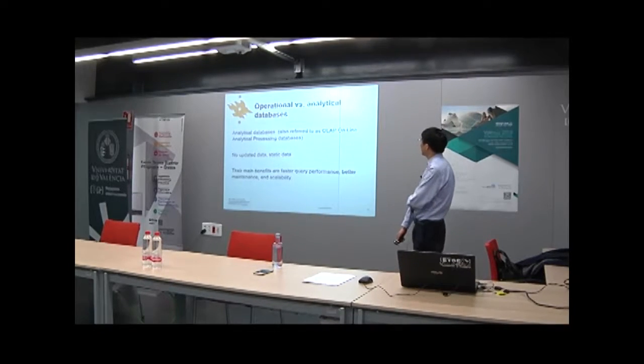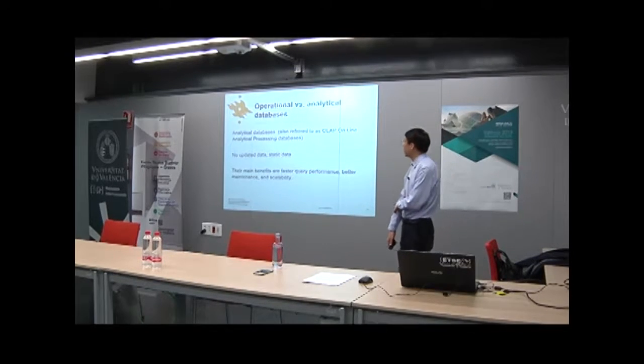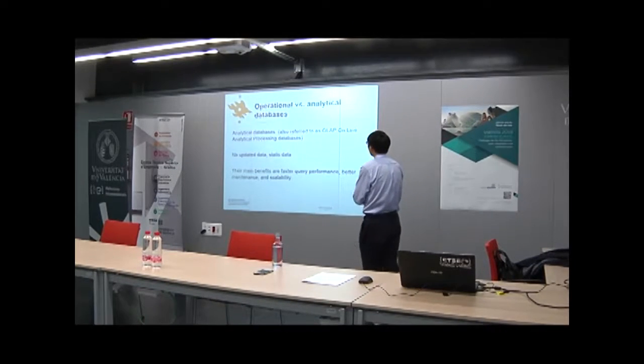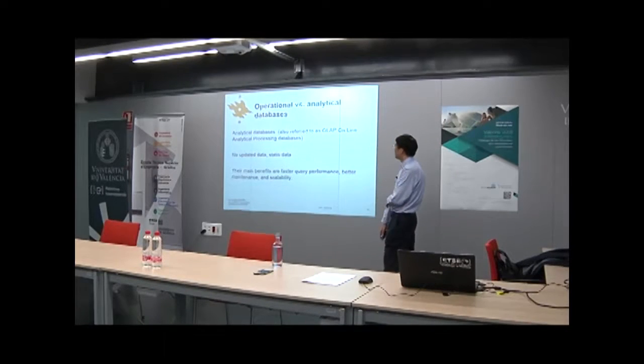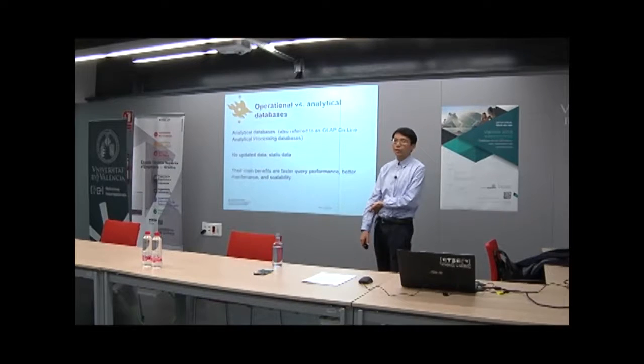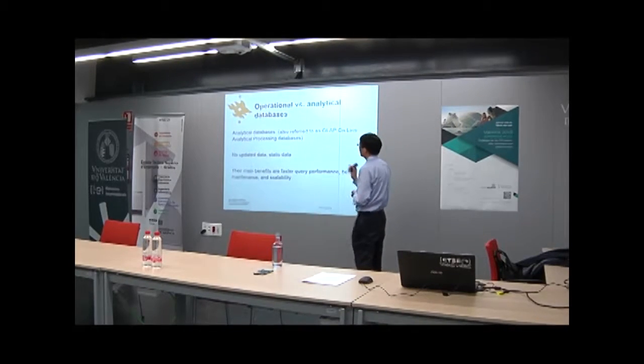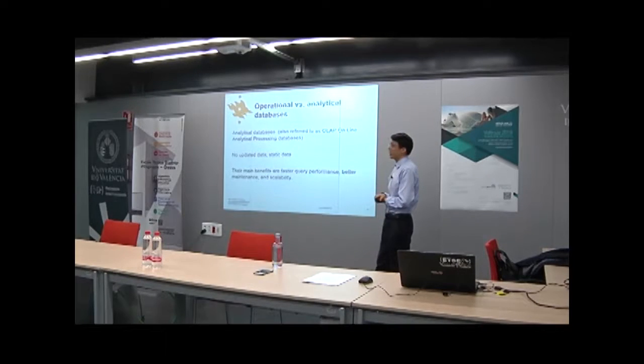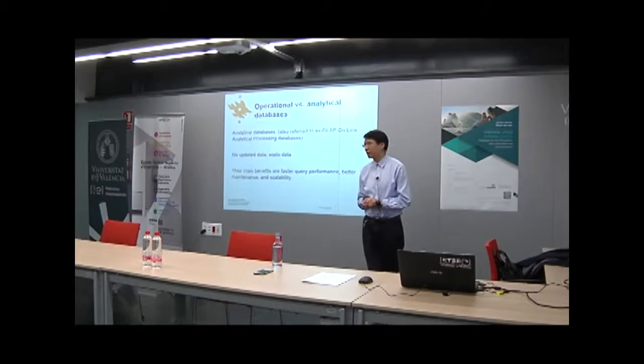Yeah, so the second definition is about the analytical database. Analytical database is referred to as OLAP, meaning online analytical processing database. This kind of database cannot support transactions, but their main purpose is to analyze data.